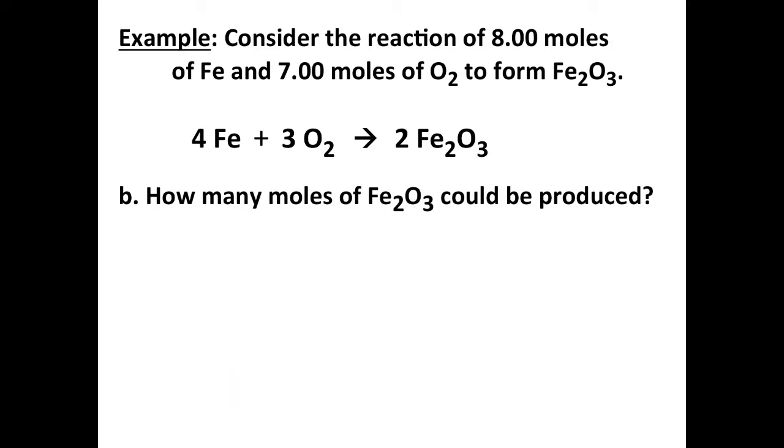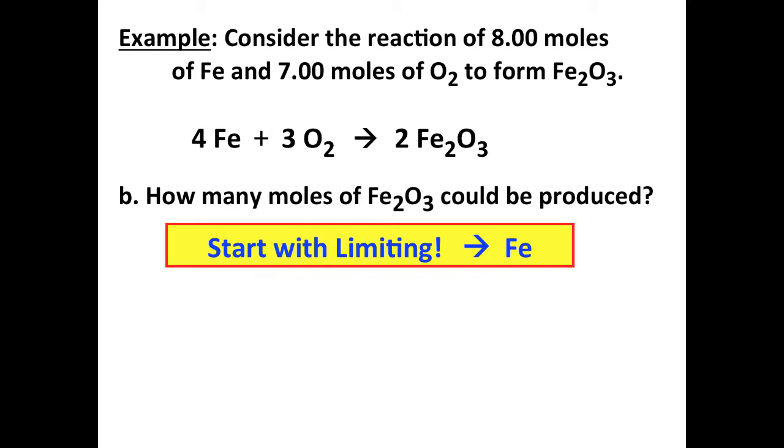So let's go back to the problem we've been dealing with, and let's do the next parts. First of all, how many moles of Fe2O3 could be produced? It's very important here to note that whenever you do calculations, when you have a limiting reactant, you need to start your calculations with the limiting reactant, because that's what determines how much reaction can take place. So in this case, we have 8 moles of Fe.